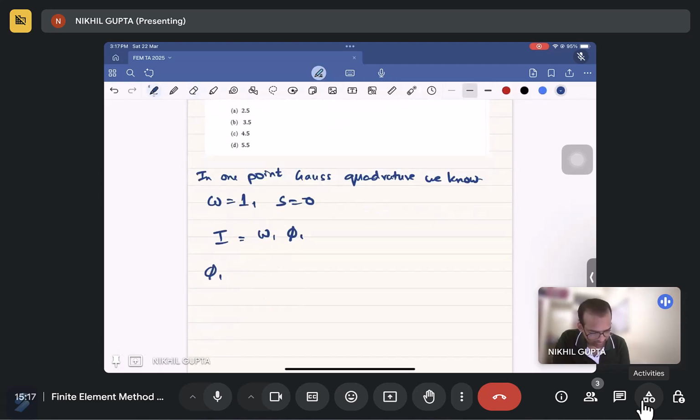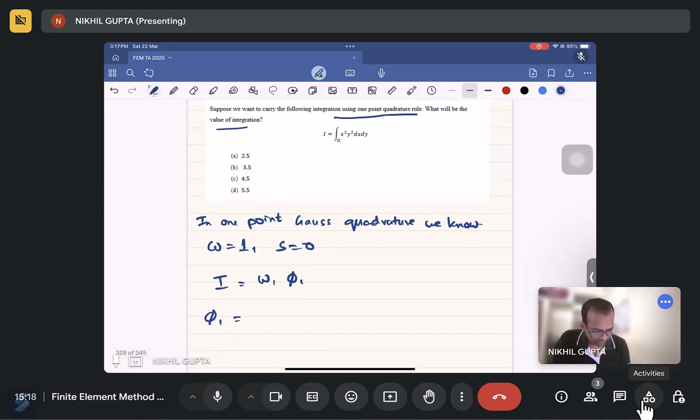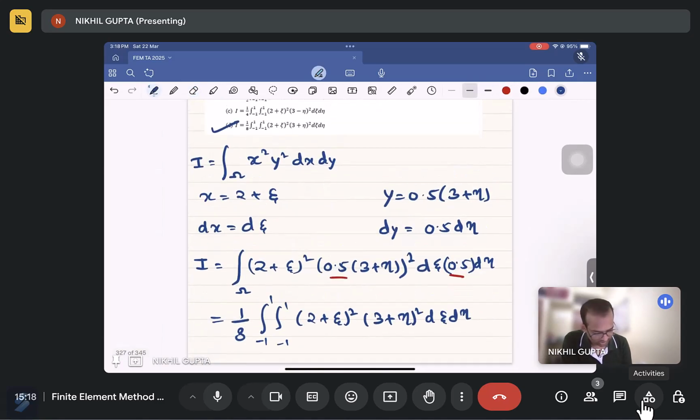So phi 1 equals x square y square at 0 0. So we are solving the integration.